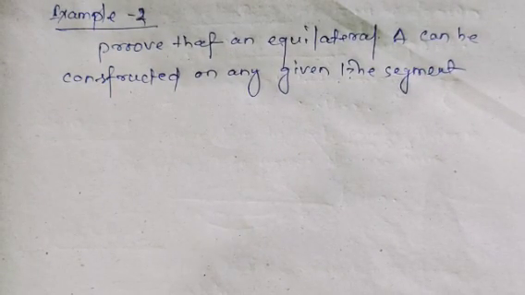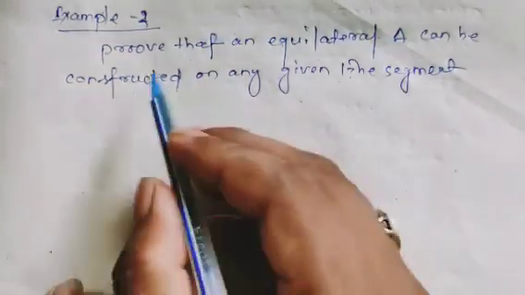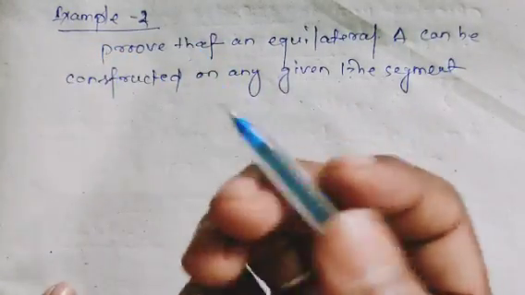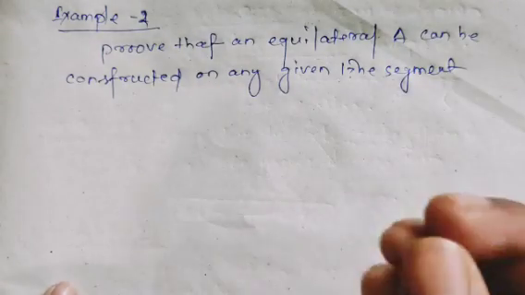Prove that an equilateral triangle can be constructed on any given line segment. We have to prove this, but before we proceed, we should know what an equilateral triangle is: a triangle in which all the sides are equal.